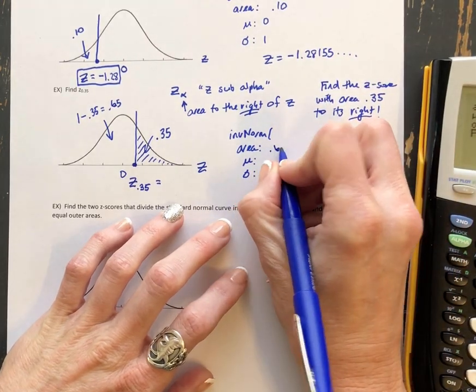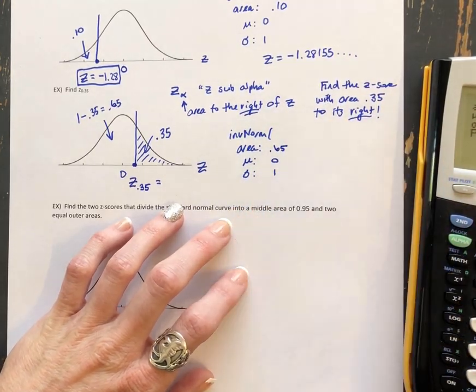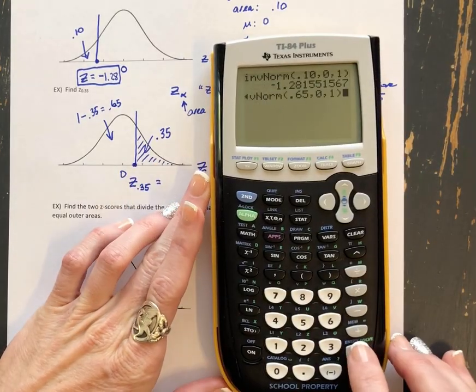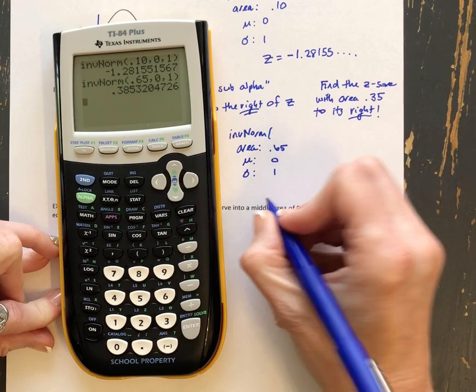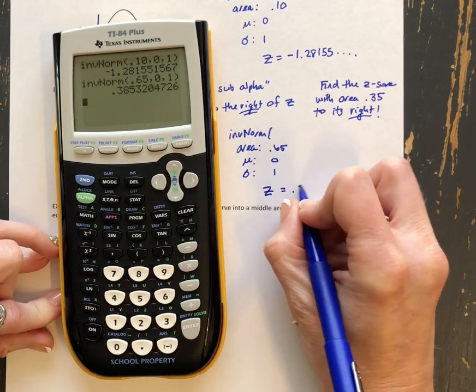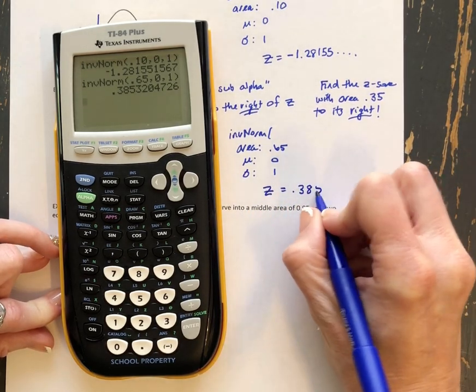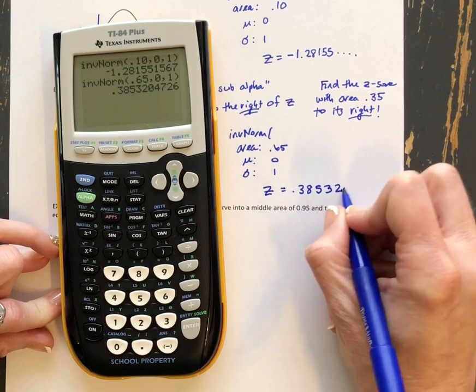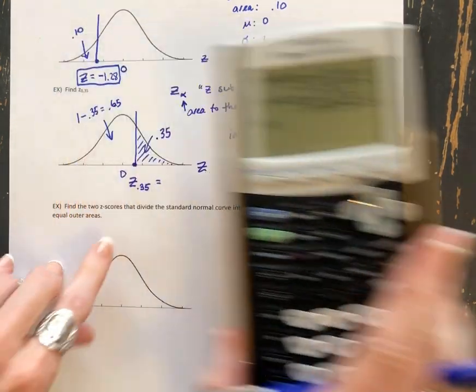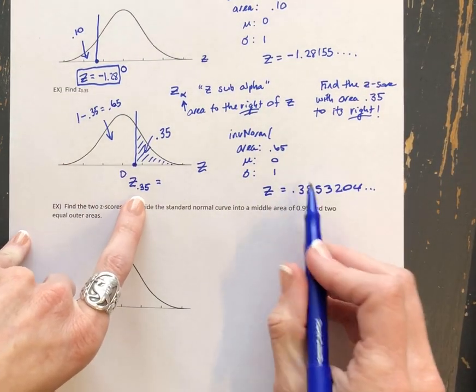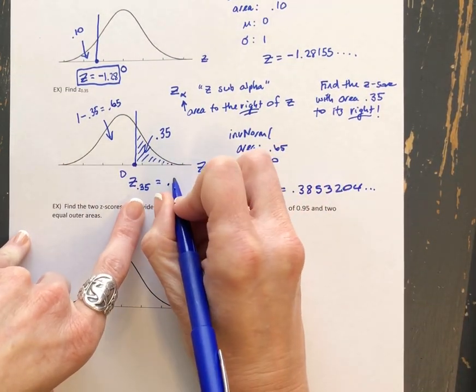so we had 0.6501, and that tells us 0.385324, and we're going to round that to 2 decimal places, which would be 0.39.